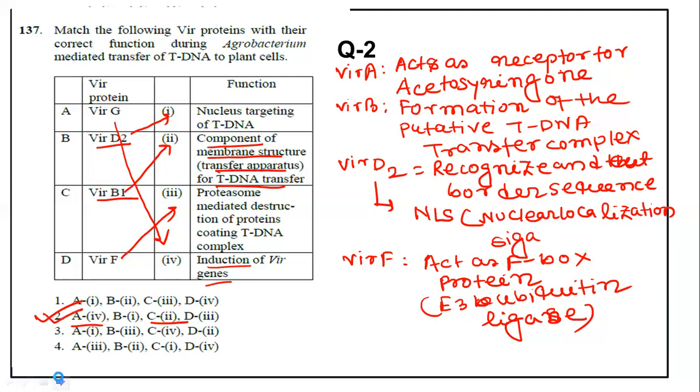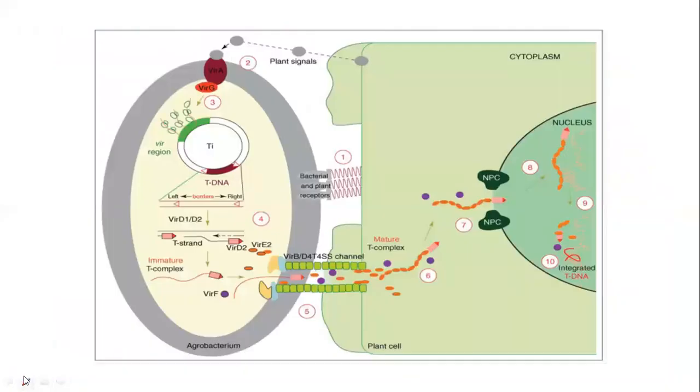Now the next question. Here we can see all the processes. This is the plant cytoplasm, the plant cells, and these are the agrobacterium, then these are the Ti plasmid regions.